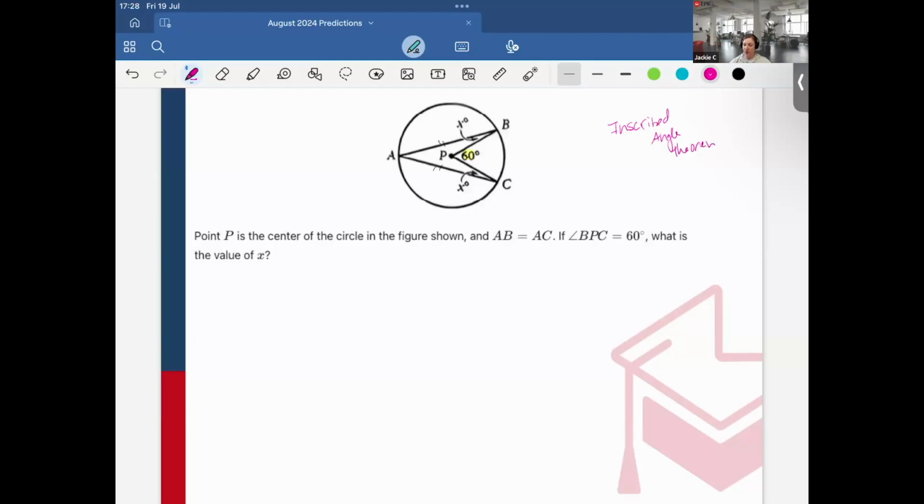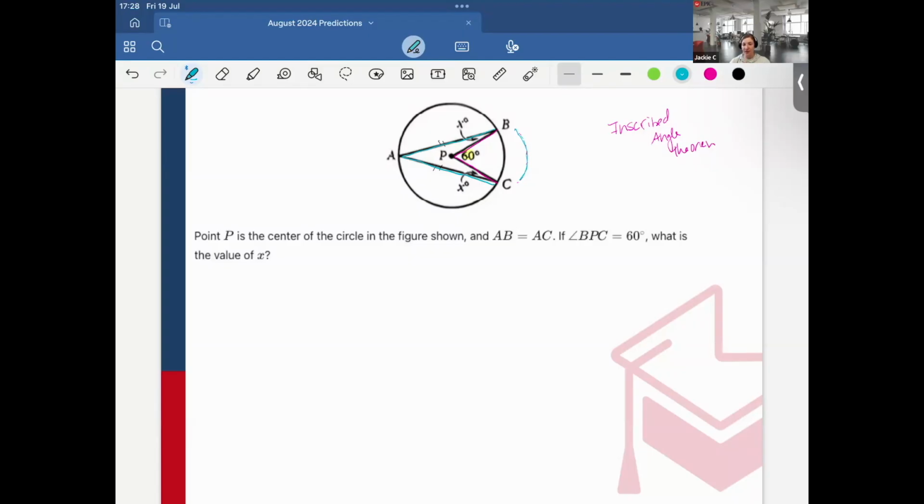So here, the center angle is extending from arc BC. And I can also see that the inscribed angle, BAC, is also being cut from the same arc. Notice what I'm saying: they're cut from the same arc.